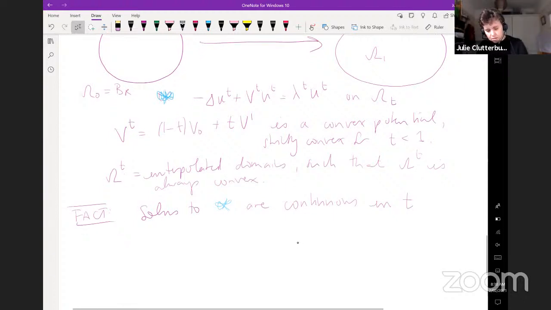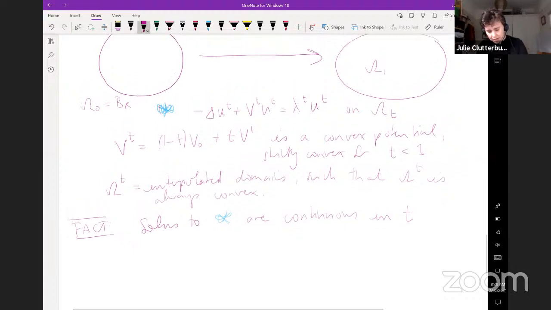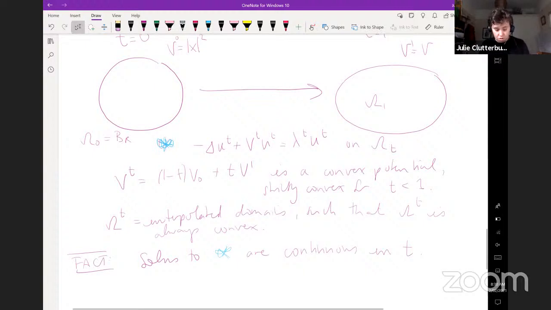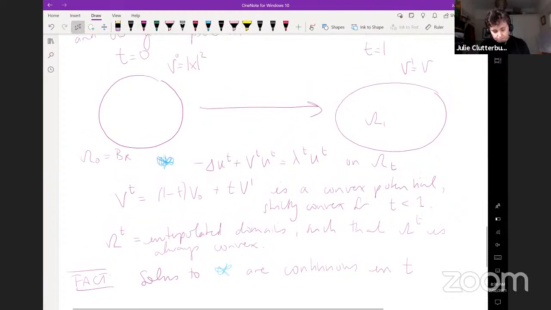And so what we do here is we take our known problem over here at t equals 0, and we say, okay, we know that our property holds at t equals 0 because this was the example we had before, and by ODE methods we can show that our solution at t equals 0 is not just log concave, it's concave.